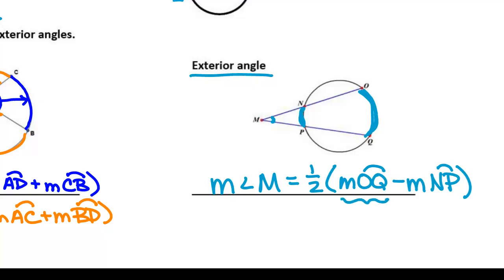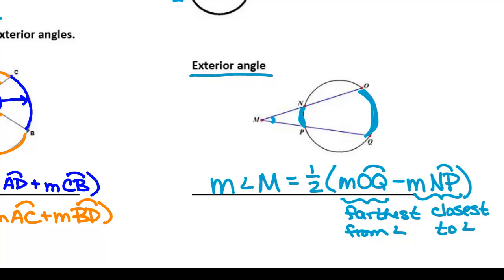So this first arc will be the farthest from my angle. The second arc, which will be smaller, is the closest to my angle.